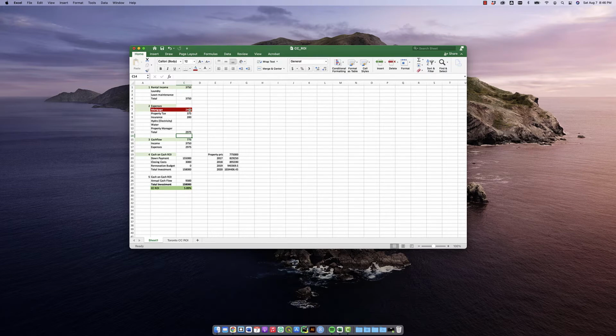With the mortgage of $2,400 and property tax and insurance and all of that taken into account, calculating the annual cash flow over it, we're now able to have a clear idea of the total cost. So again, the total investment was that.